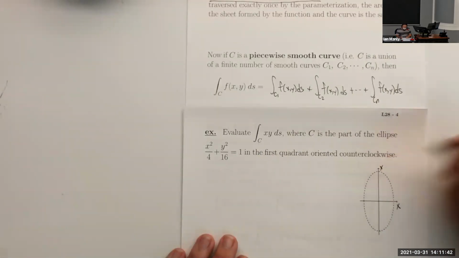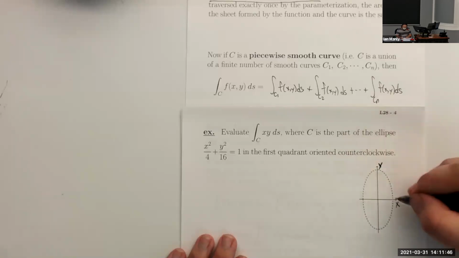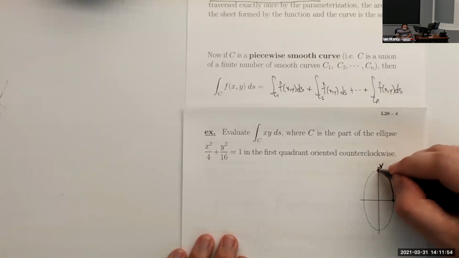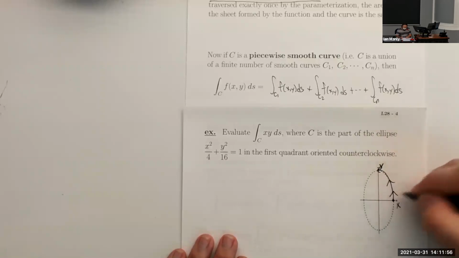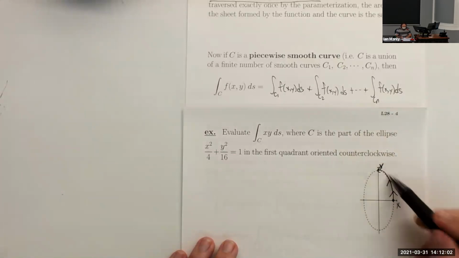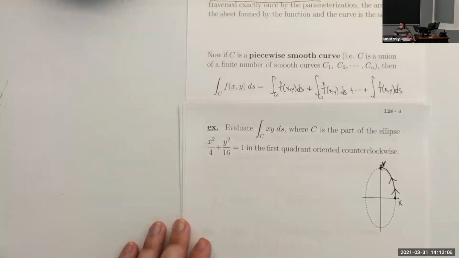Well, if this is the xy plane here, we're starting at this point, and we're moving along the curve this way until we end up at this point. As I just said, we could have also found a different way of parametrizing this, but it still would have ended up being the same.